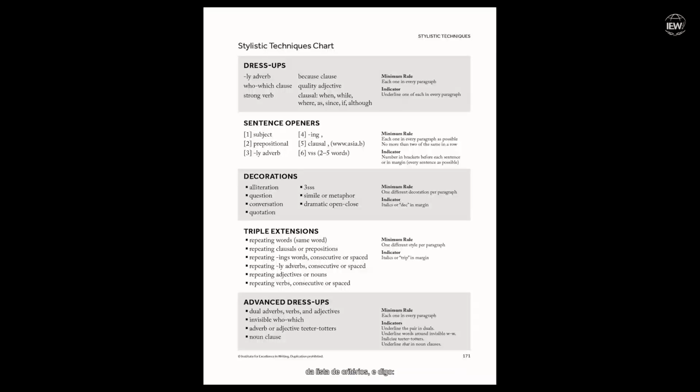So this is where I say, okay, let's give a little bit. Let's let some slack, right? And I then remove the because clause from the dress-up checklist. And I say, okay, once you've learned these sentence openers, 2, 3, 4, 5, you do not have to do the because clause anymore. You can do it if you wish, and if you do it, it will count as the clausal opener.